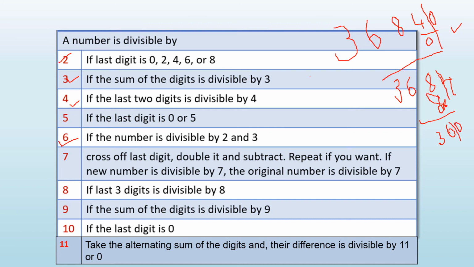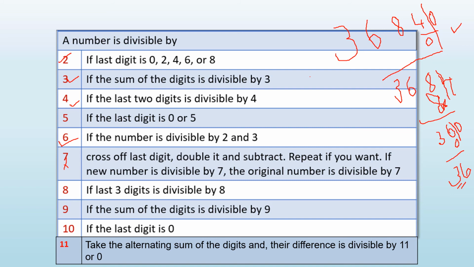With 360 again you have to cross off the digit, double it, then subtract it, which gives 36. Is 36 a multiple of 7? No. It is not divisible by 7. So this rule is not satisfied. So this number 36,840 is not divisible by 7.